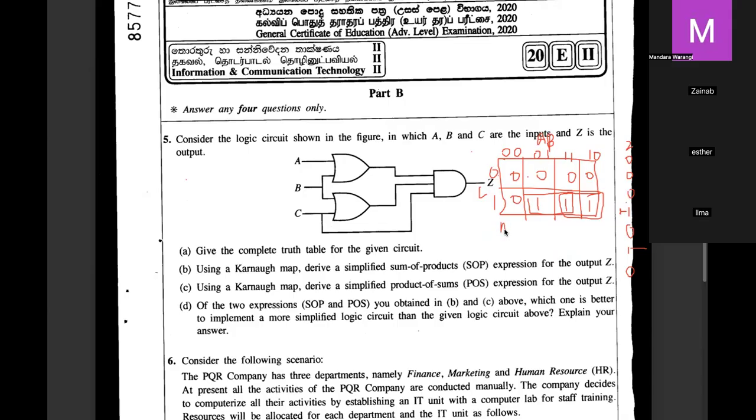We have A bar, B, and then C. Then we have A, B, and C. Then we have A, B bar, and C.